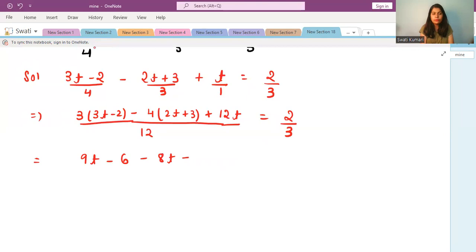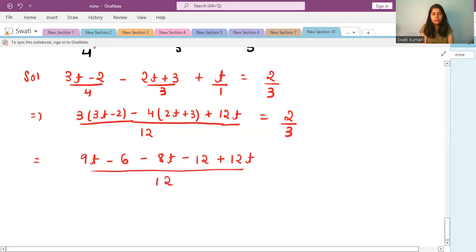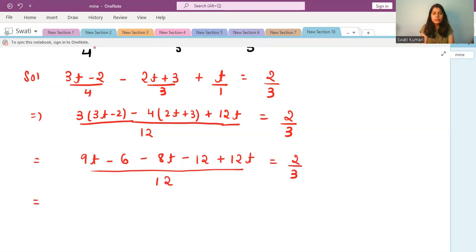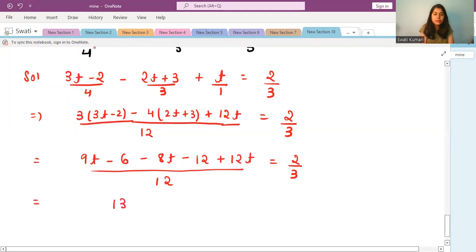So this is minus 4 times 3 is 12 and plus 12t as it is, upon 12 equals 2 upon 3. Now we can solve this part. Of course, 9t minus 8t is just t because 9 minus 8 is 1. So t, and t plus 12t is going to be 13t.